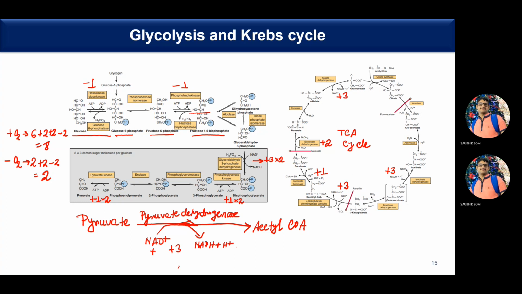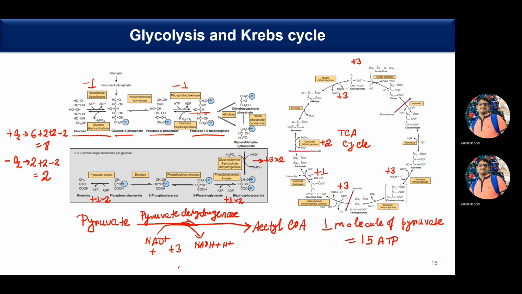So total, 3 plus 3 plus 3 plus 1, 10, plus 2, plus 3. So from one molecule of pyruvate, I am getting 15 ATP molecules in the presence of oxygen.